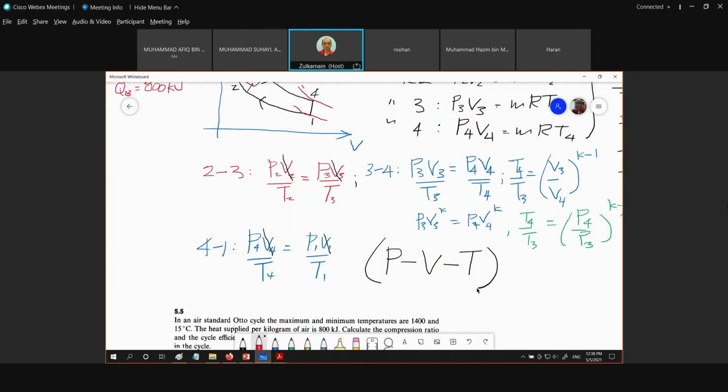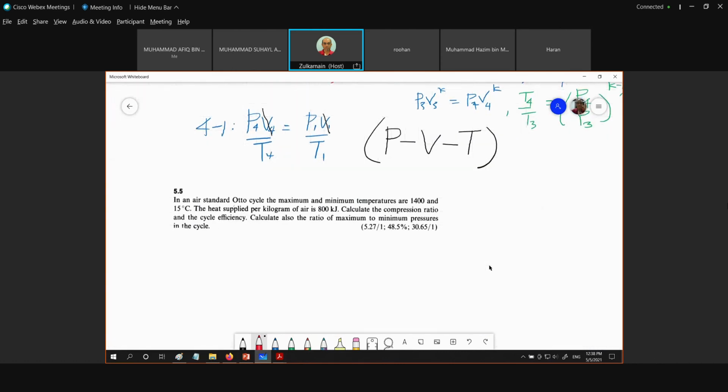Okay, so right here, to get the compression ratio, R is equal to Vmax divided by Vmin. In this case, Vmax should be V1 and Vmin should be V2, meaning that we need to get our V1.